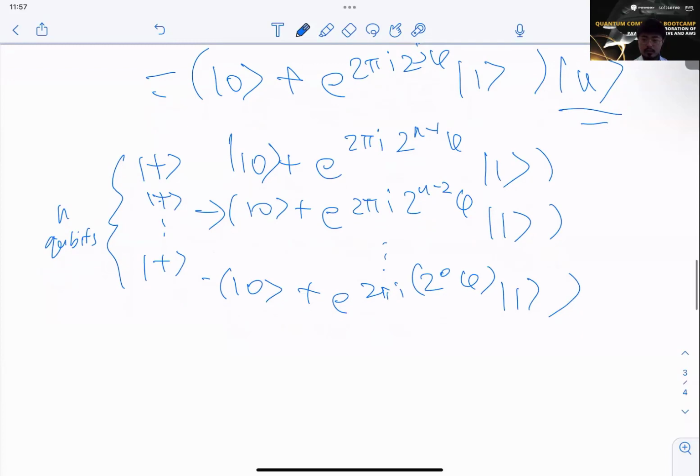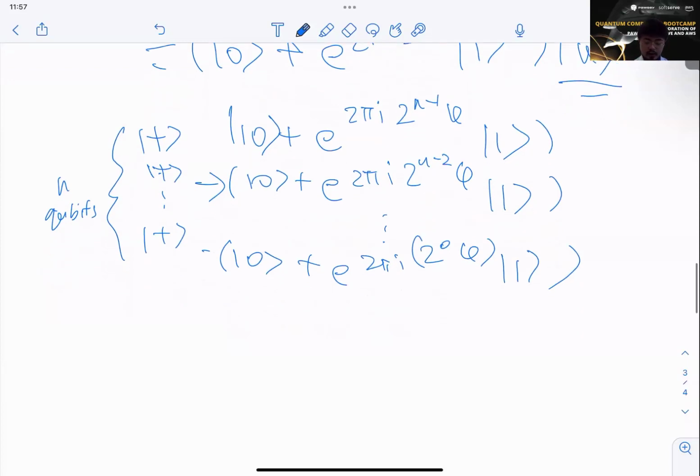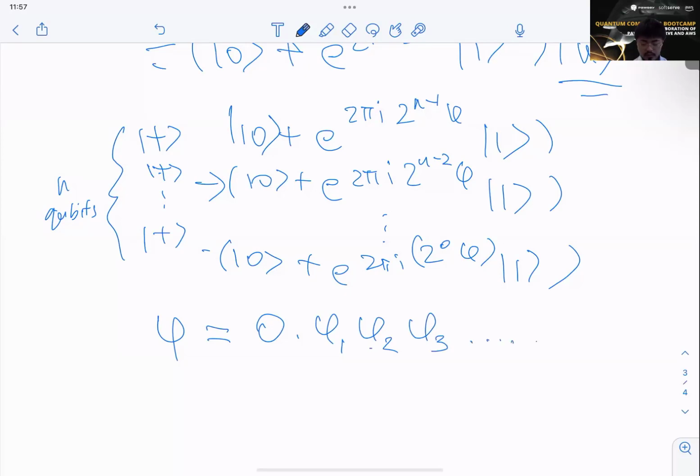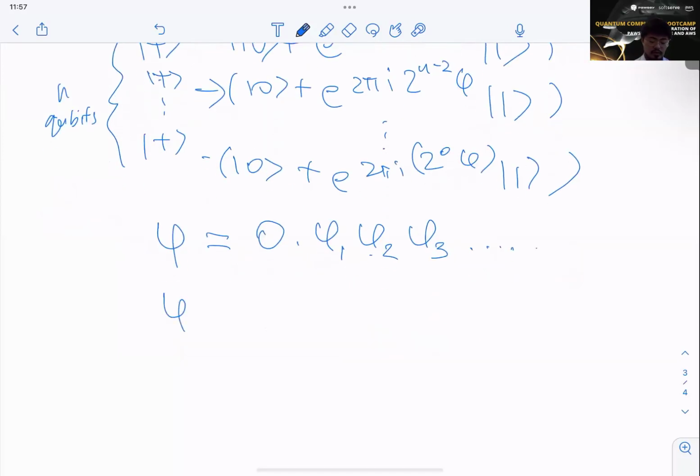Okay, I'm going to continue for now. Remember previously that we wanted a certain approximation. We know that this will take the form of 0.phi 1, phi 2, phi 3, dot, dot, dot. It can go on forever because remember this can be a continuous variable. And so we said that we wanted an approximation, and it really depends on the number of qubits.